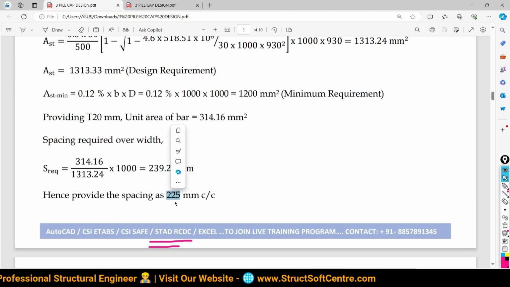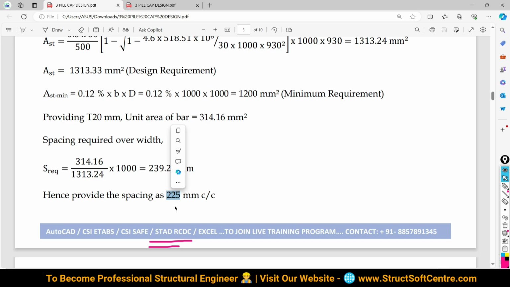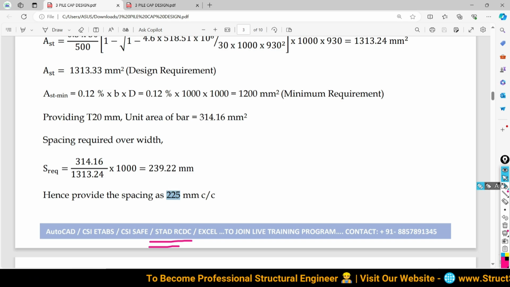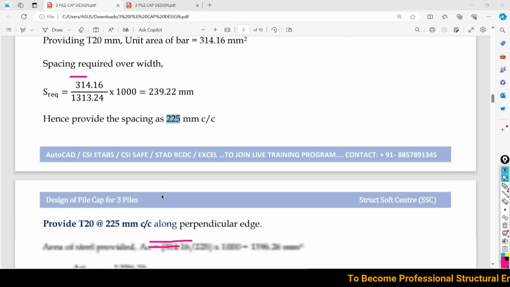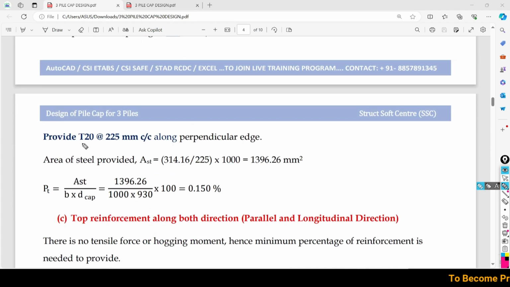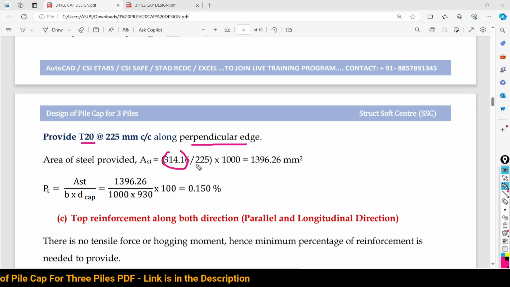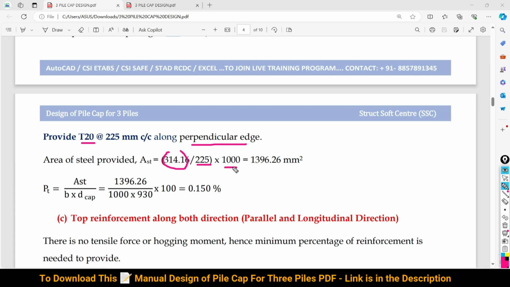So obviously spacing is reduced, so the area of the reinforcement provided will slightly increase beyond 13. Okay, so that's why we are going to calculate again. So 20 mm dia at a spacing of 225 along the perpendicular direction, area of the steel finally provided is unit area divided by 225 mm multiplied by the considered width 1000.